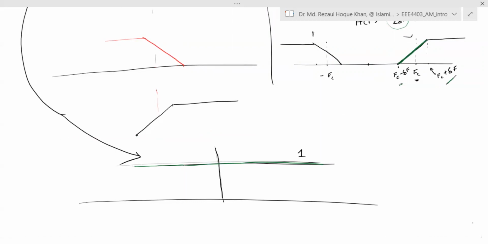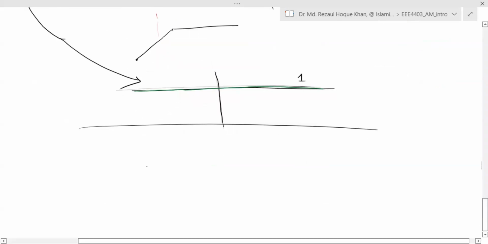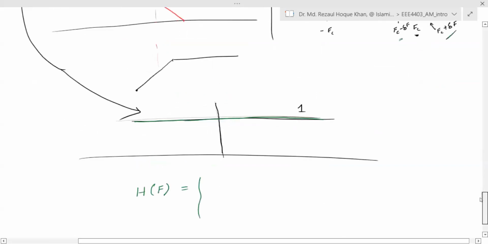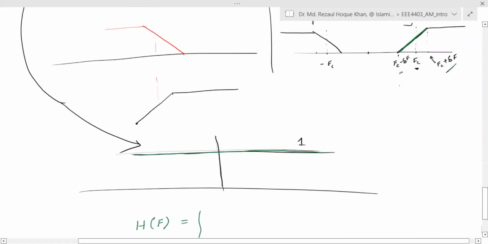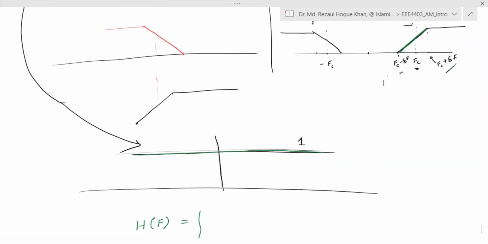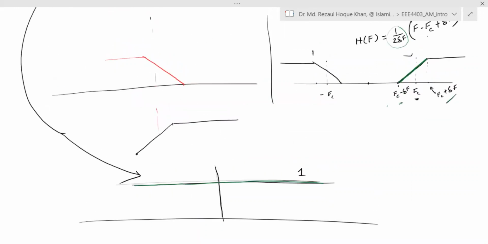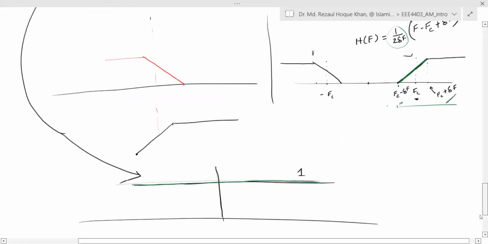We can find the properties as this one. So what are the filter properties? We can actually summarize the filter properties from here. Let me write these filter properties here.